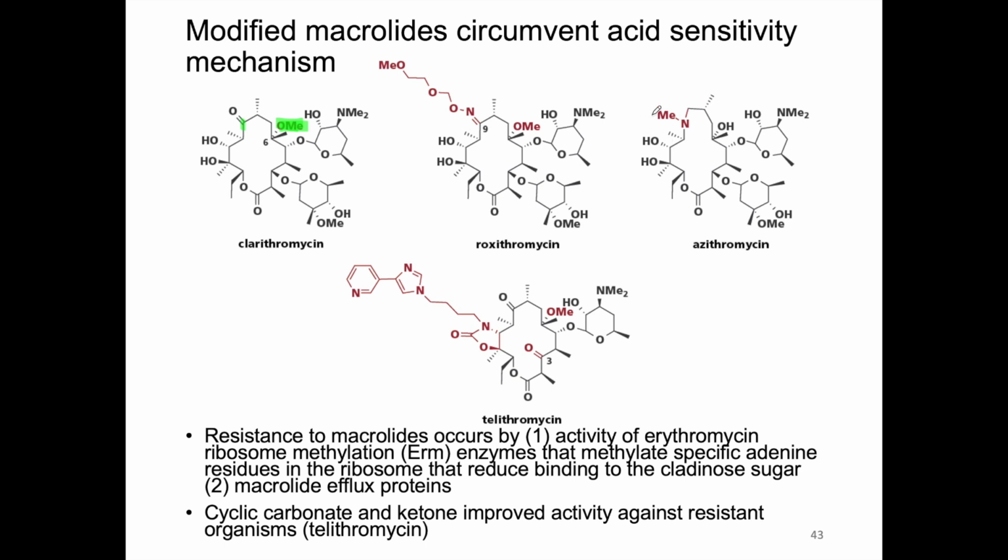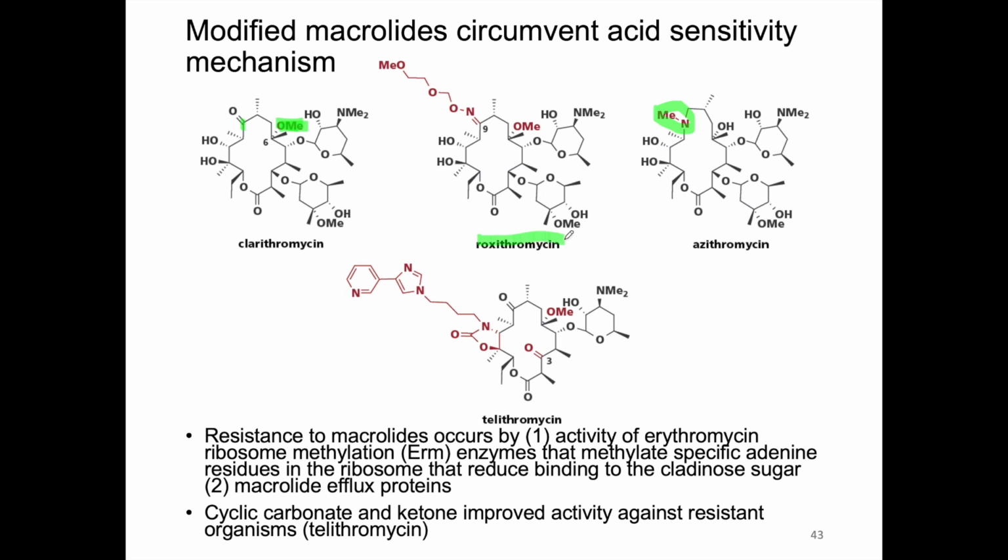We have azithromycin, where the carbonyl group has been converted to this tertiary amine. That means that the acid hydrolysis no longer occurs. The presence of that amine also gives rise to very different pharmacokinetic properties for azithromycin that often give rise to much longer dosing regimens, so you don't need to take it multiple times a day, potentially even just once a week.